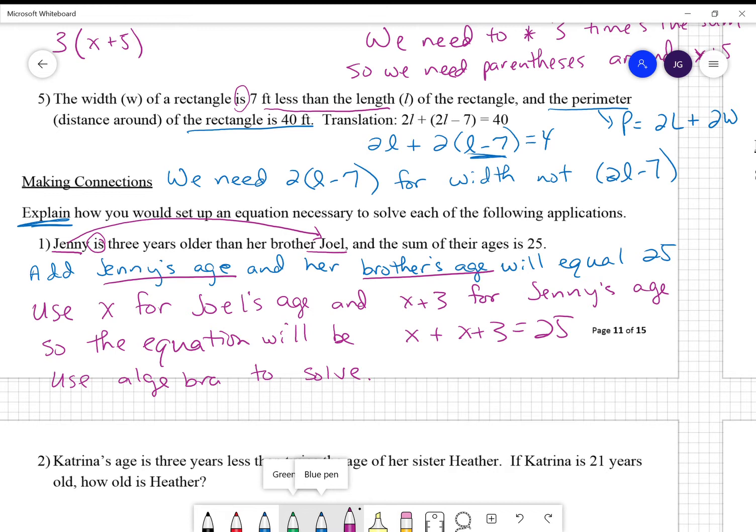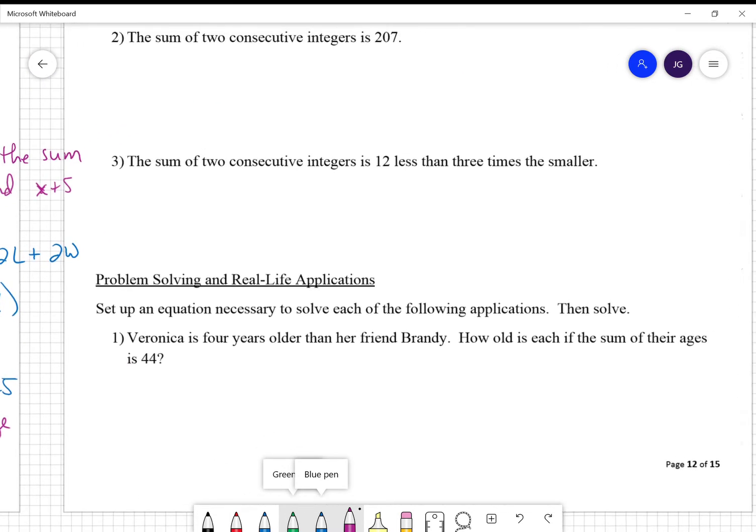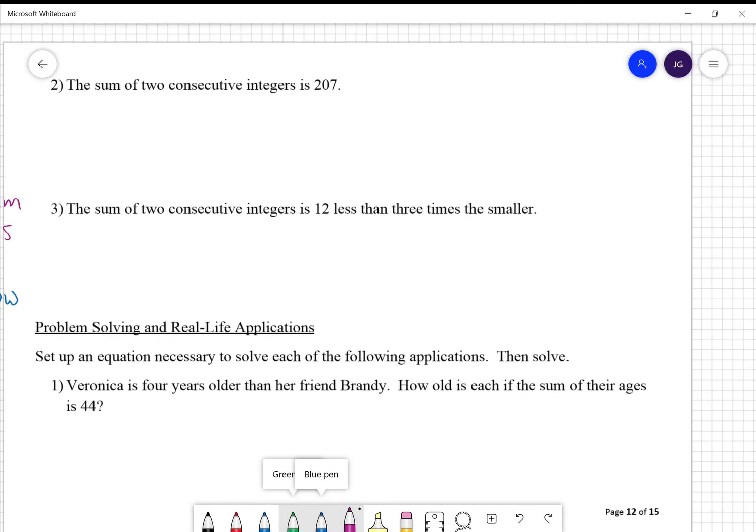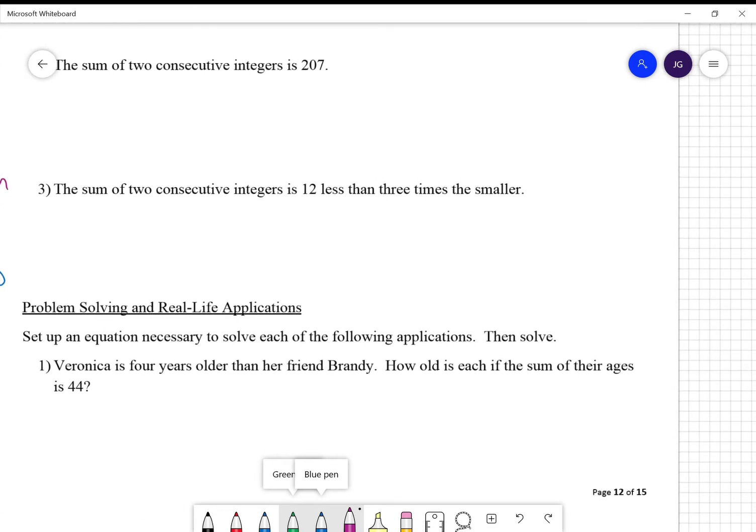Okay. Next problem. The sum of 2 consecutive integers is 207. Use X and x plus 1 for consecutive integers. We learned about that in the last video.